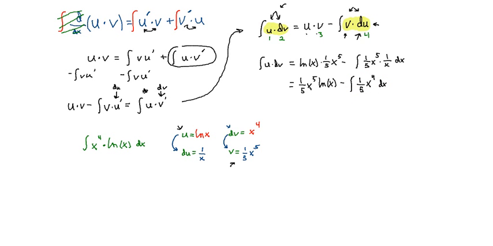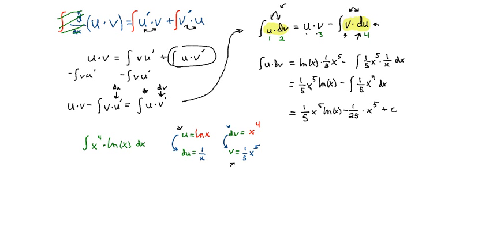Let me finish that off. So we have 1/5 x to the 5th natural log of x minus, let's see, the 4, turn it into a 5 and bring it down. That's going to be 1/25 times x to the 5th plus c. And then I'm going to pull out, let's see, we have two terms here.